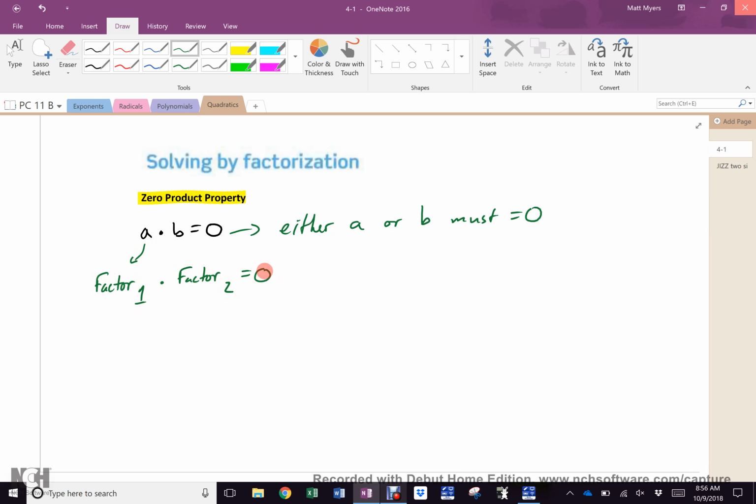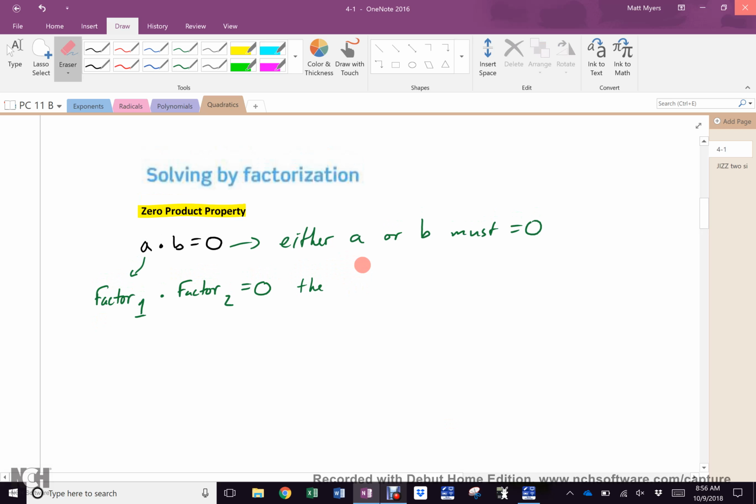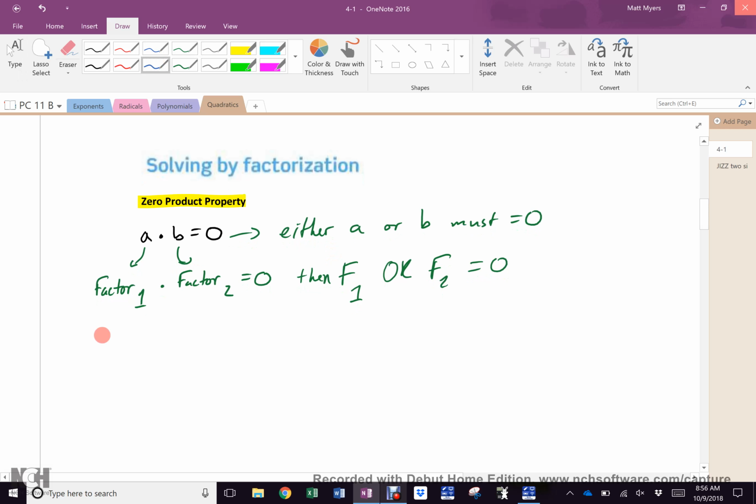So the zero product property says that no matter what this is, if they equal 0, then factor 1 or factor 2 must equal 0. Is everybody following my logic so far? Everybody's cool? All right.